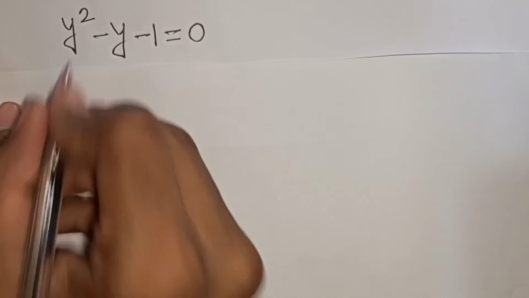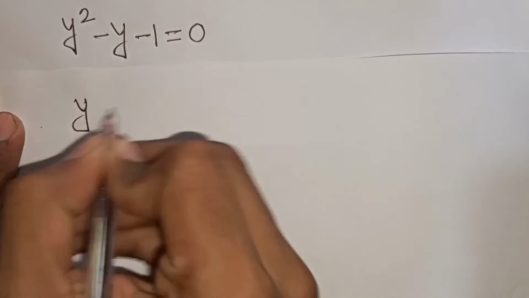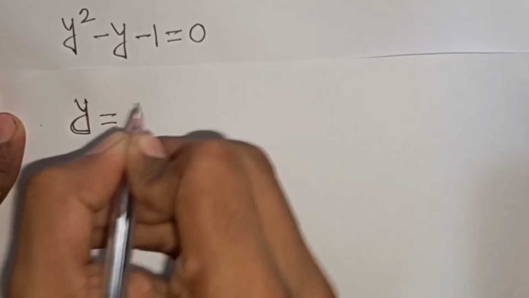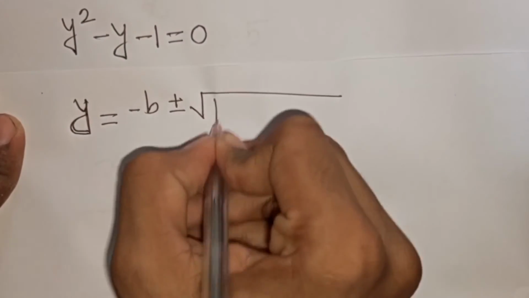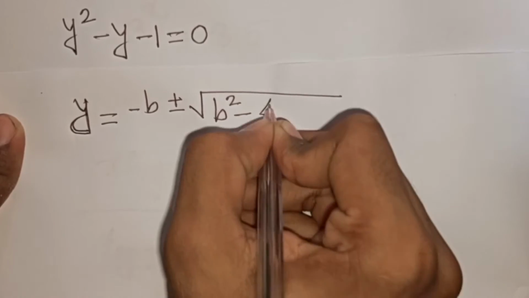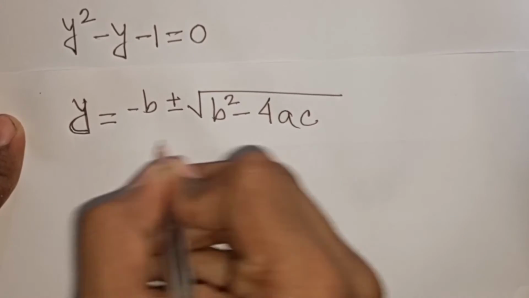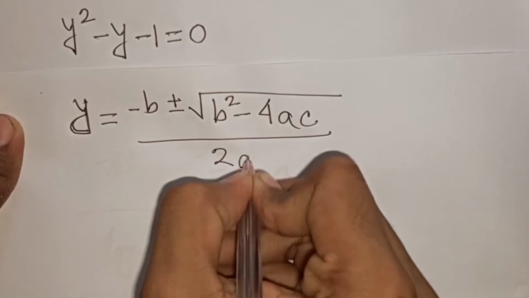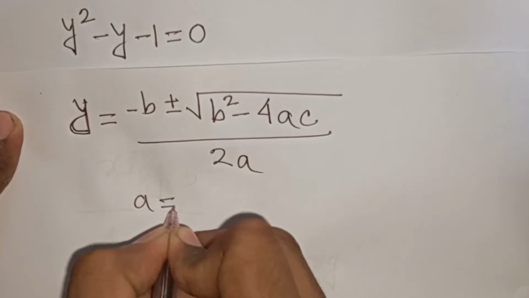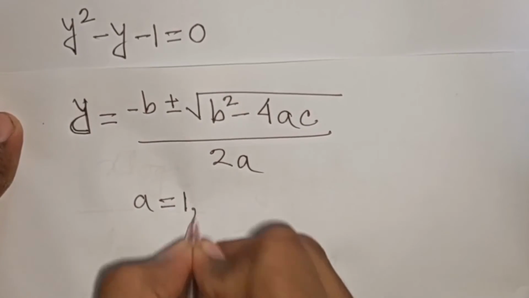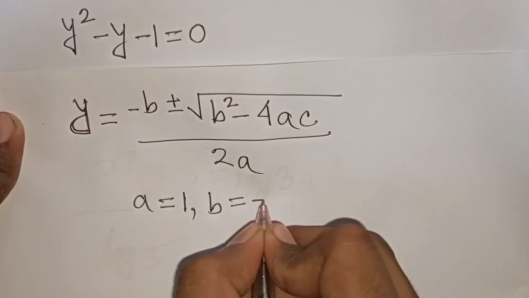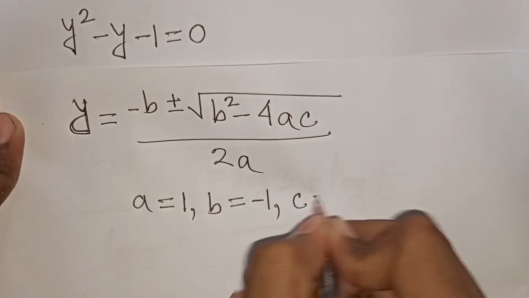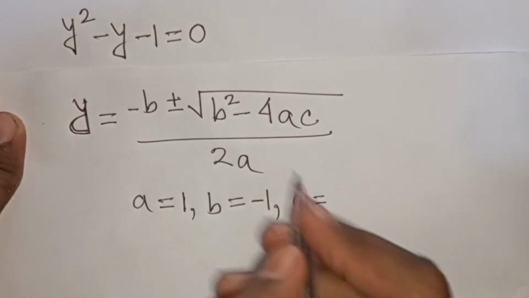Now here I can apply the quadratic formula, so I can write here y is equal to minus b plus or minus a square root of b square minus 4ac, divided by 2a. Here a will be equal to 1, b will be equal to negative 1, and c will be equal to negative 1.